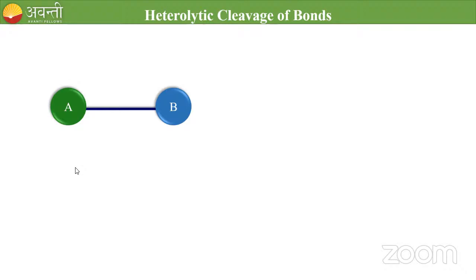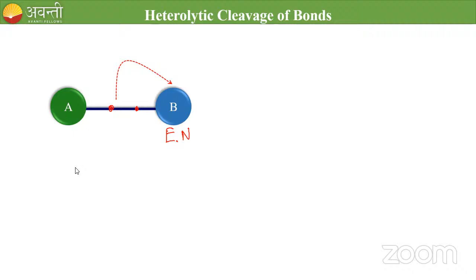Suppose B is an electronegative atom. If B is an electronegative atom, the two electrons present in this bond will move towards atom B. What is meant by electronegativity? The tendency of an atom to attract the shared pair of electrons towards itself.